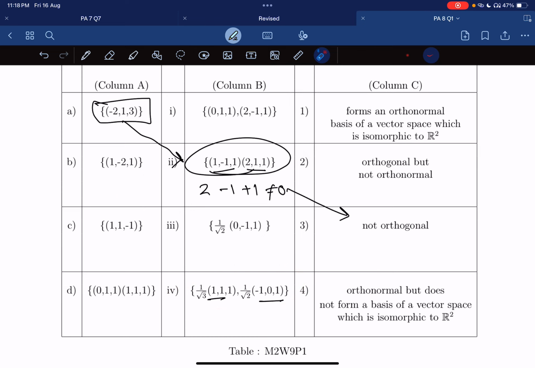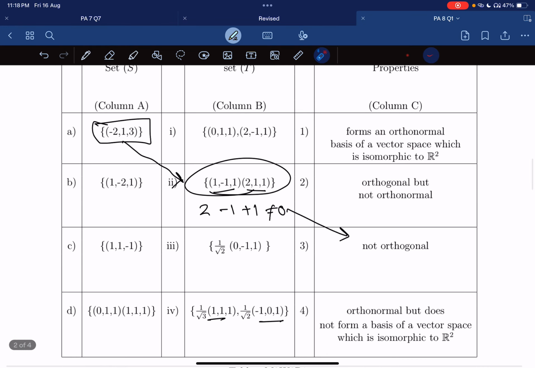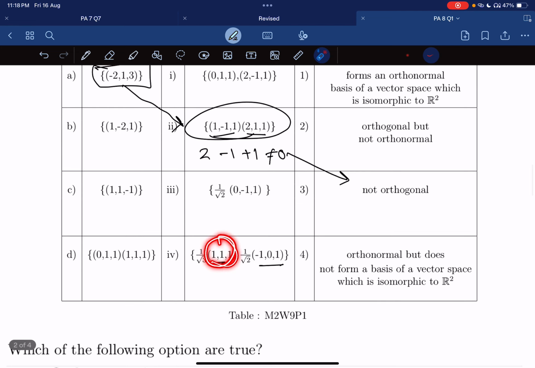But the next option says 4 will match with 2, that is orthogonal but not orthonormal. That means these vectors are not orthonormal, but we can see these vectors are normalized, as the norm of this vector would be 3 root 3, so it is dividing by the norm, so it is normalized, and the norm of this vector would be root 2, so this is also normalized as we are dividing it by root 2.